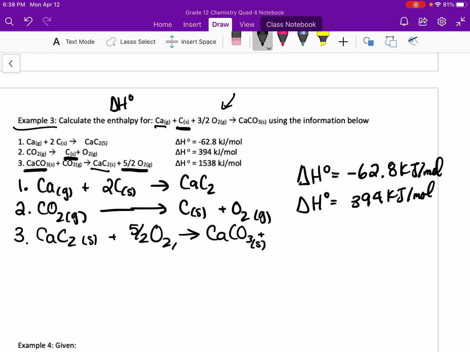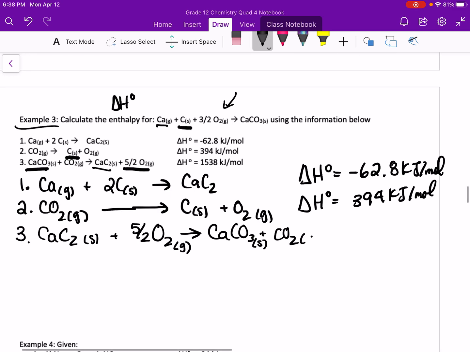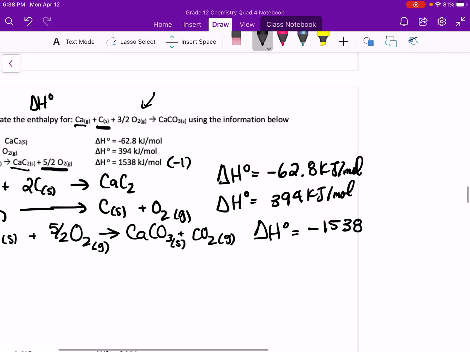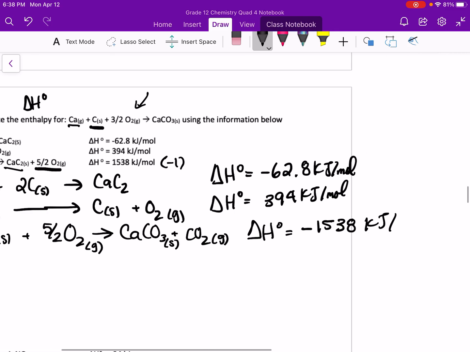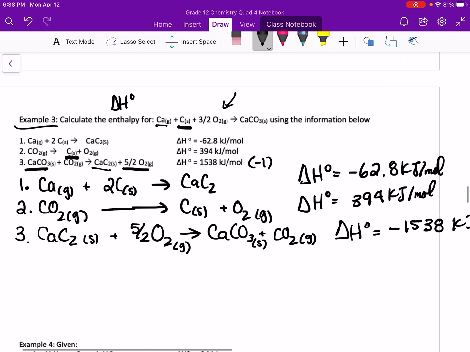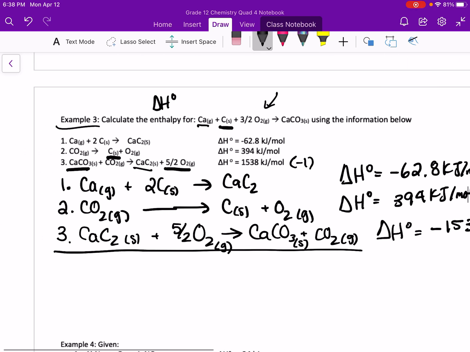Remembering all of our states. And our delta H is now going to be times by -1 since we reversed it. So we have negative 1538 kilojoules per mole.